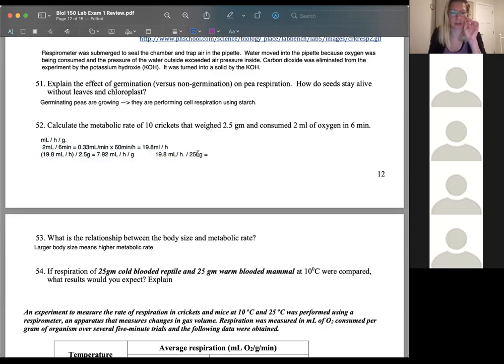So what would that mean for our metabolic rate? It's lower. It would be lower, yeah. So it would probably move the decimal place the other way. So it'd be like 0.0792 mils per hour per gram. Right, so a larger body size would actually mean a lower metabolic rate.